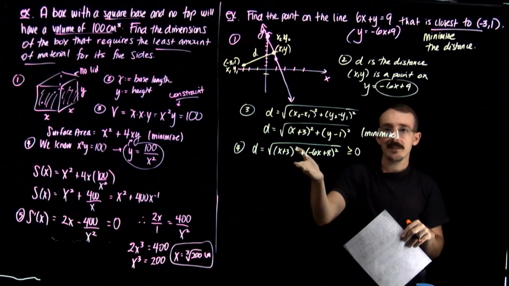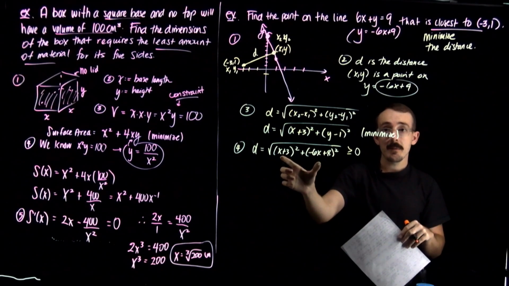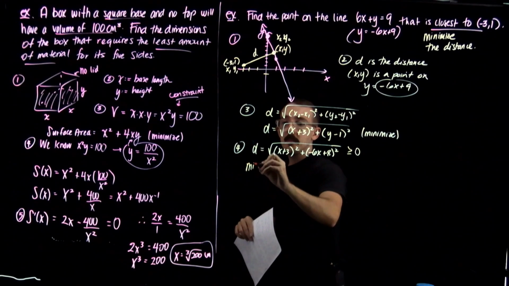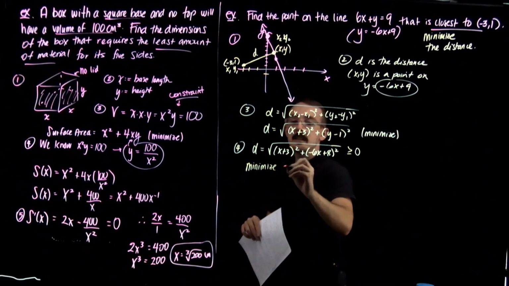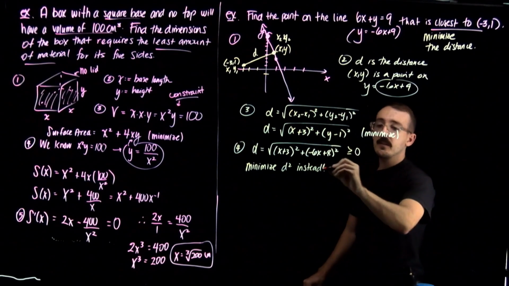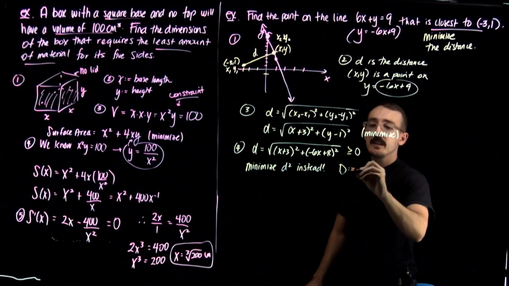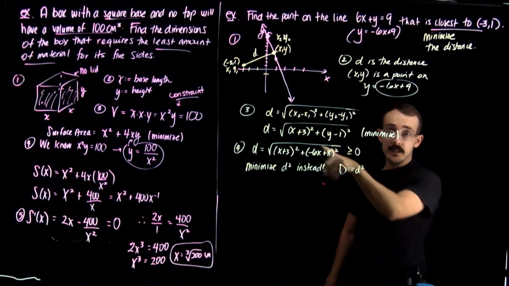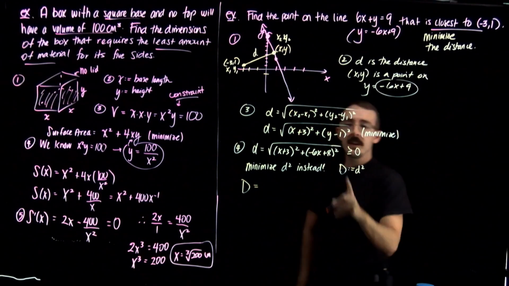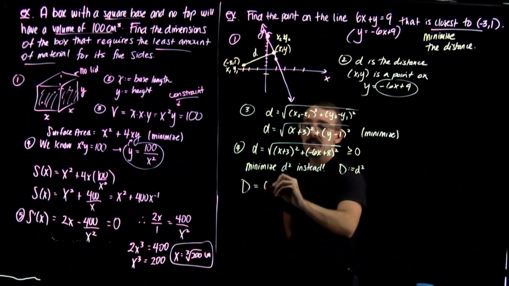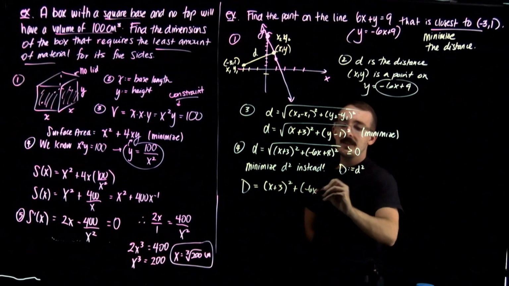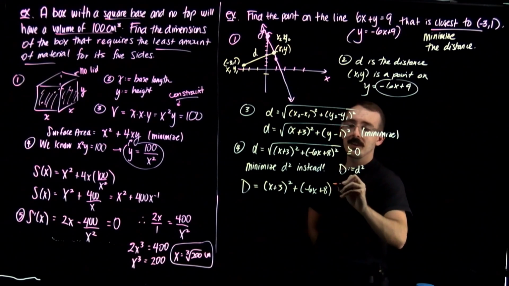Because this is a positive number, the same x that minimizes this is going to minimize the next equation I'm going to write. So we're going to minimize d squared instead. I'm just going to say that capital D is the distance formula squared. So capital D is equal to, we'll square this, and what that does is it just gets rid of the radical for us. It just makes taking the derivative much, much easier. That's all we've done.